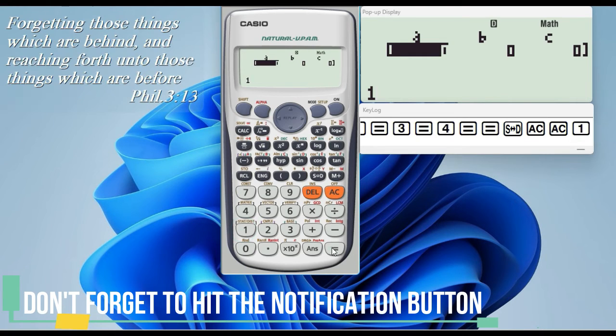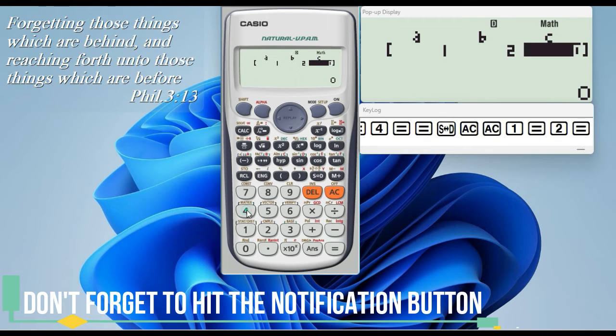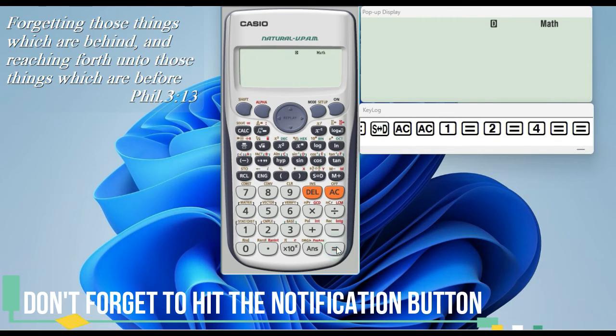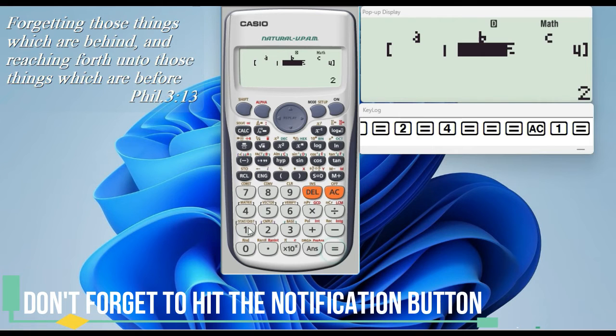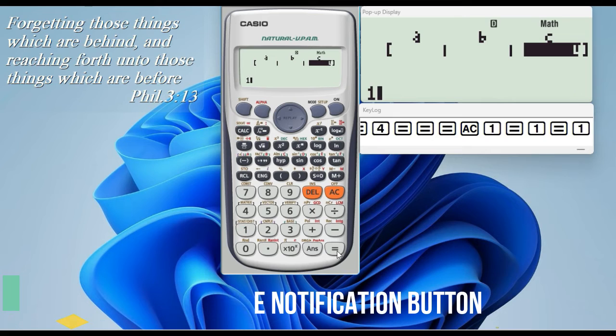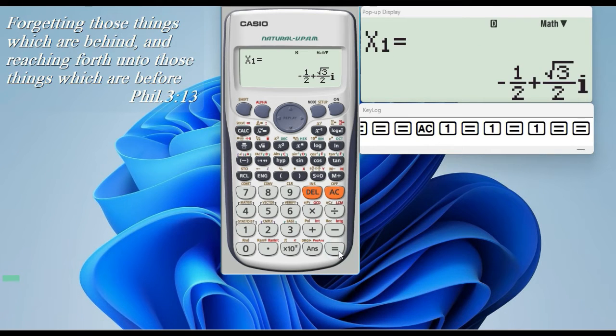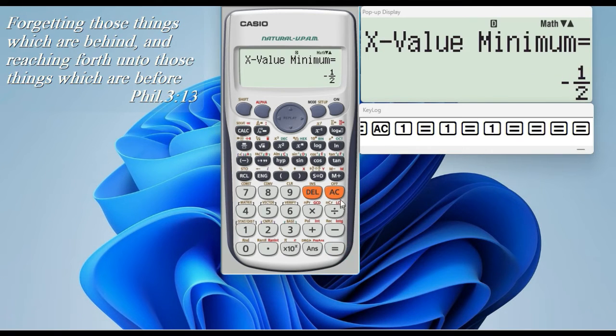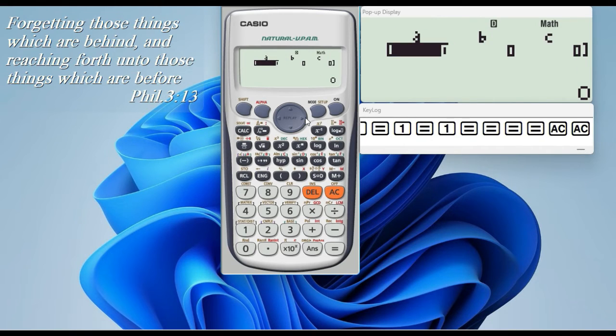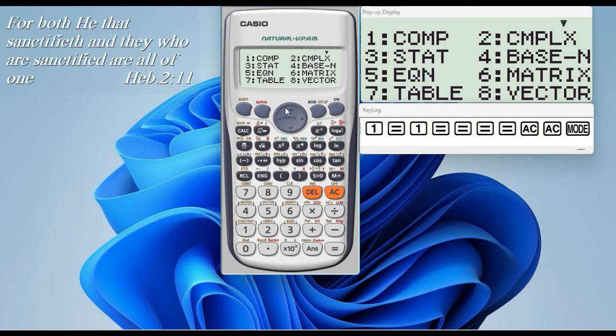But I want you to know that this is how we use the calculator mode to solve quadratic equations. When you are given any quadratic equation, you use that particular mode. Go to mode 5, and then select 3, which is the quadratic equation. You key inside the coefficients of the various variables. The first is the coefficient of x squared, the second is the coefficient of x, and the last one is the constant.